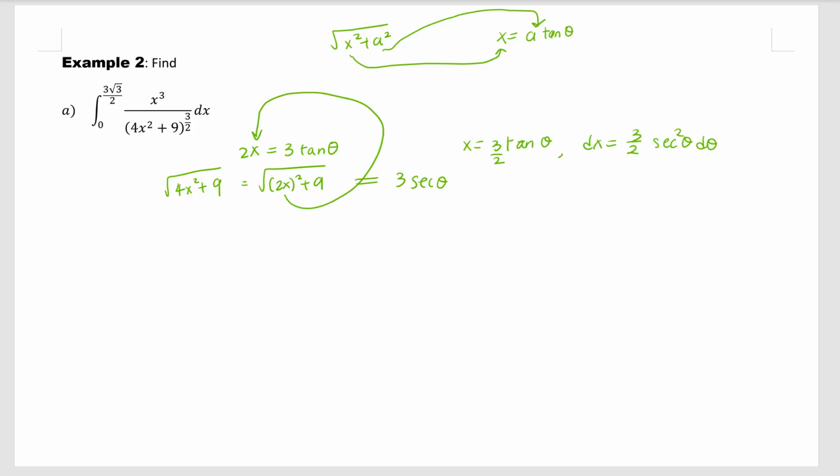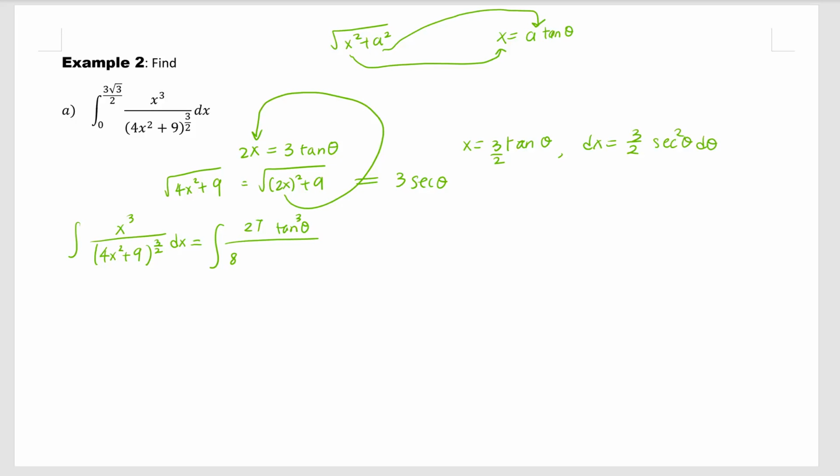So far, so good, everybody. Okay, and then let's calculate our indefinite integral. So x cubed is 3 cubed, 27. 2 cubed, 8. Tangent theta cubed.